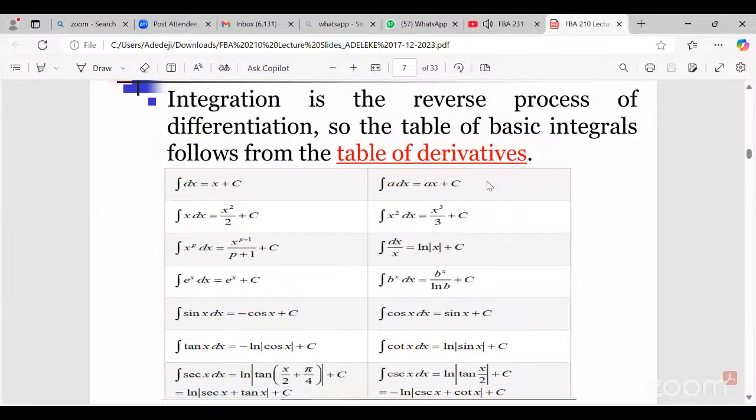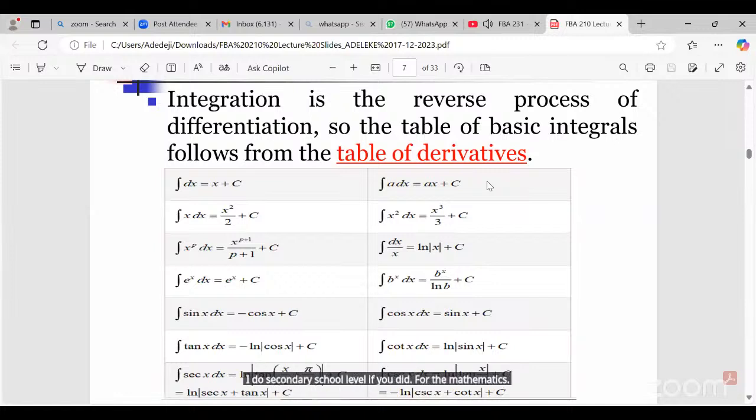Now, what you have on the right of the table, the very top, you are integrating a constant a with respect to x. The integral is ax. If we have been taught at the 100 level, FBA 120, and you have also done it at the secondary school level if you did further mathematics.